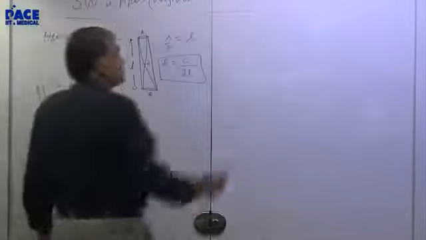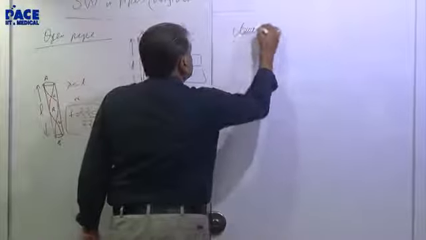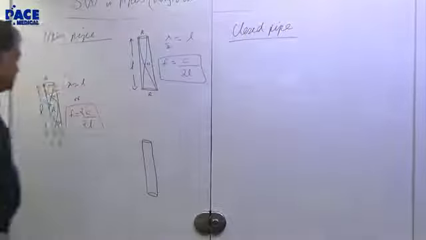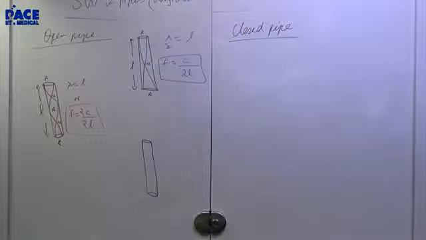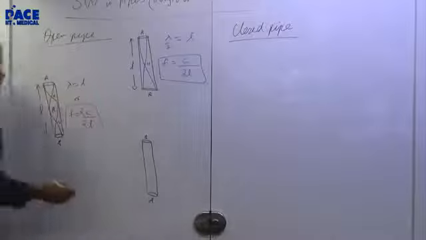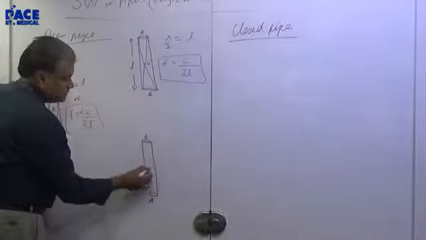So how will you have this? Here you will have antinode, antinode is fixed. Instead of two nodes, we put three nodes now.